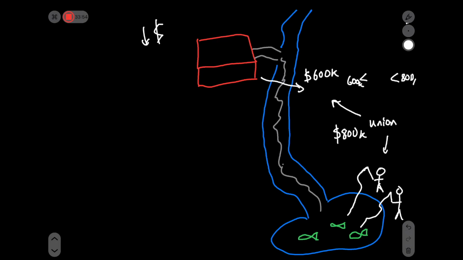Assuming there are no transaction costs here, then the Coase Theorem predicts that these two parties can actually solve this problem on their own, so long as the fishermen actually have a right to the property down here, right? Private property rights are necessary for this to work out as well.